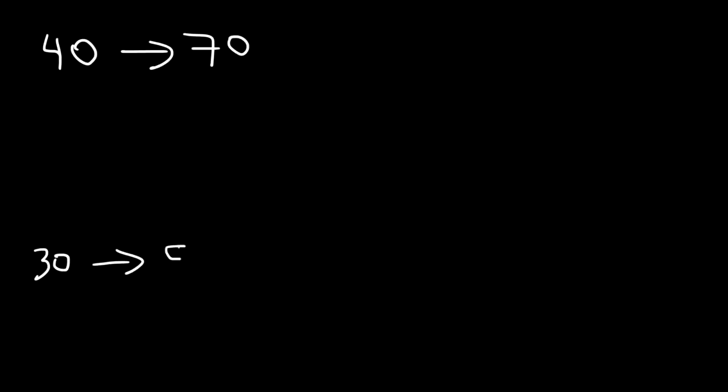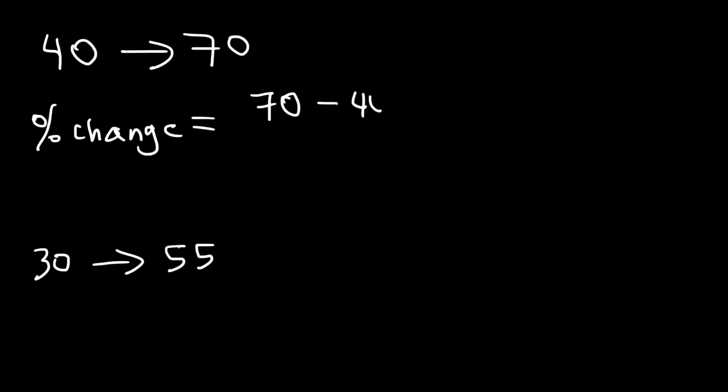Here's another example. Go ahead and calculate the percent change for these two numbers. So starting with the first example, the percent change is going to be equal to the new value, which is 70, minus the original value of 40, divided by the original value, times 100%.